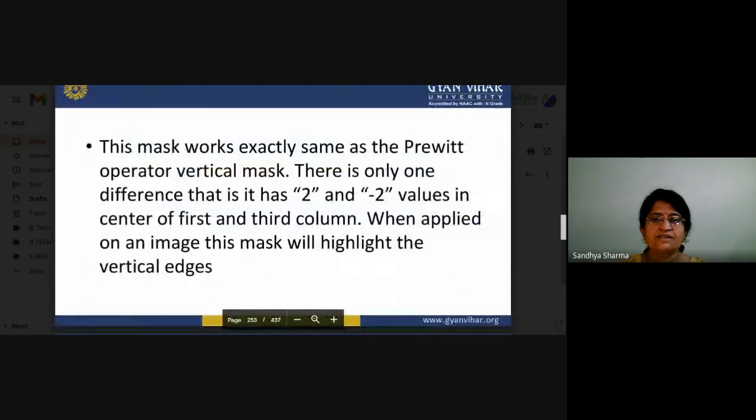This mask works exactly the same as the Prewitt operator vertical mask. There is only one difference, that it has 2 and minus 2 values in the center of the first and third column. So when applied on an image, this mask will highlight the vertical edges.